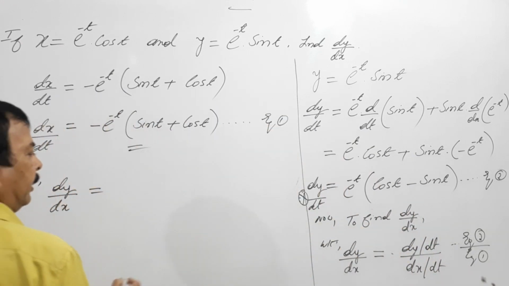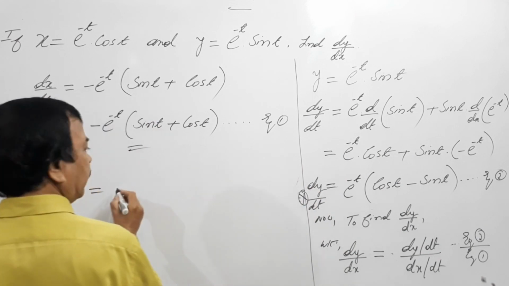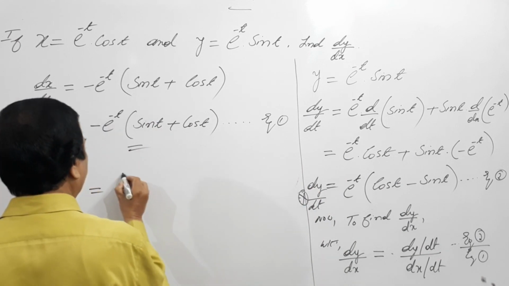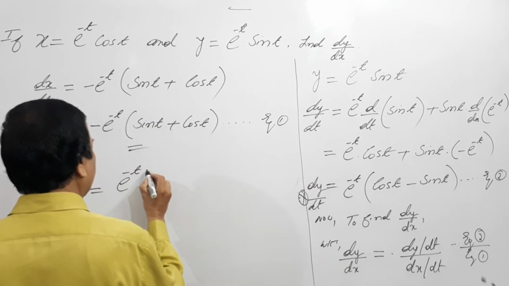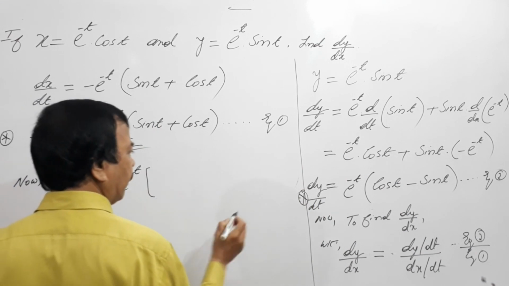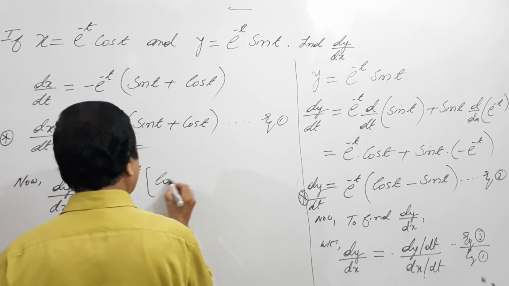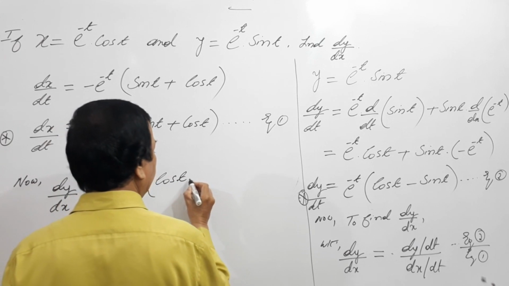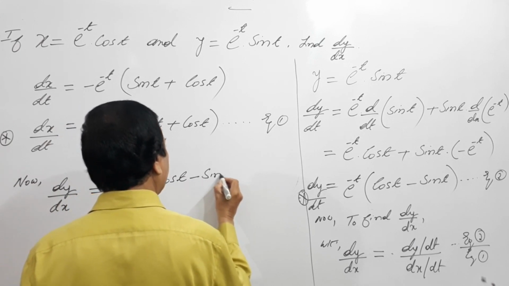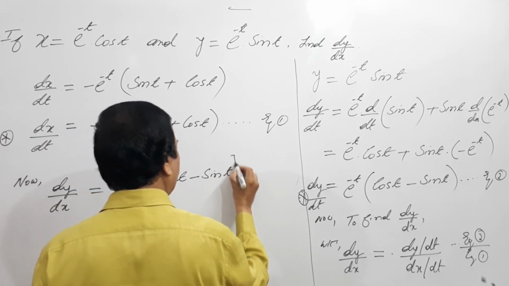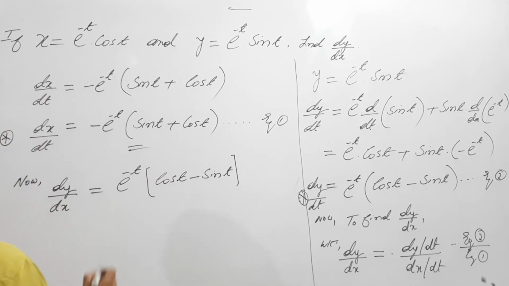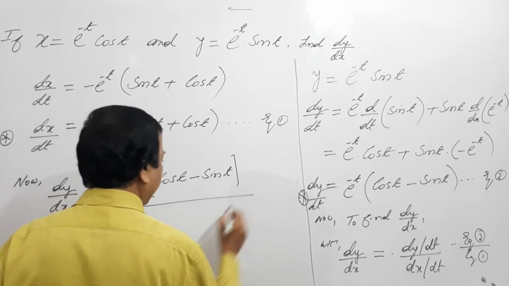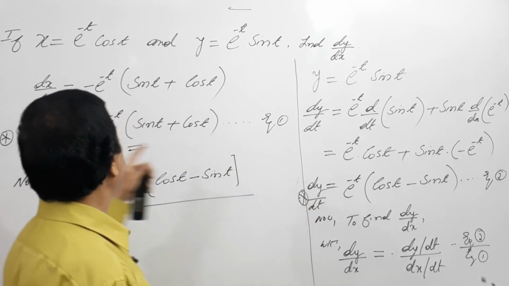So what is dy by dt? Dy by dt is e to the power of minus t. So I'll use a square bracket. So this is cos t minus sin t, divided by, what is dx by dt?